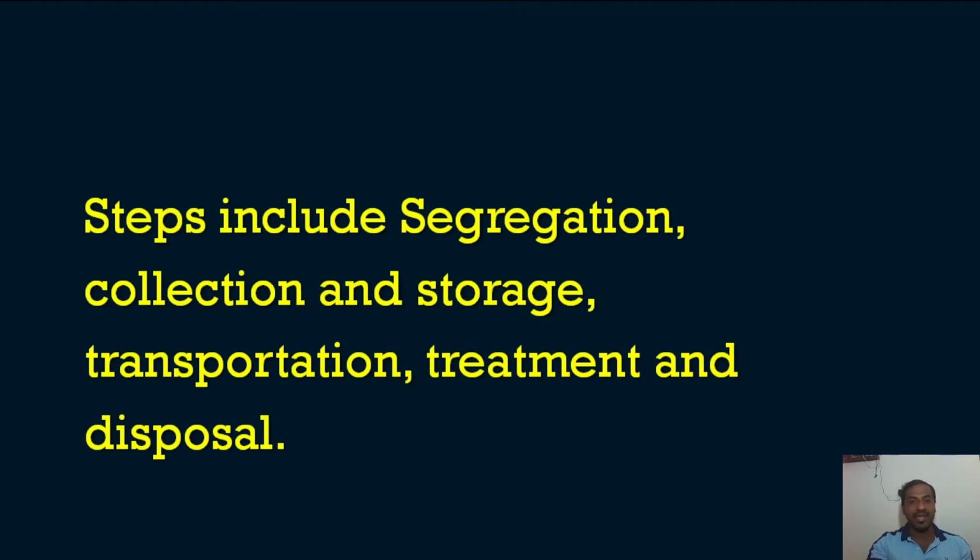So the first step is segregation, the second is collection and storage, the third is transportation, and the final step is treatment and disposal. These are the steps involved in the waste management process. I think it is clear for you.